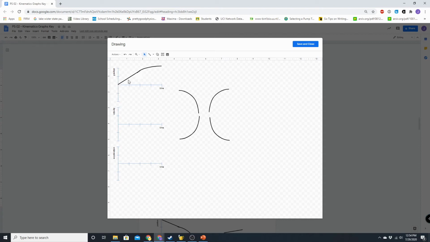The object is moving to the right, but it has a constant slope, so it must be moving at a constant speed in the right direction. And then the slope is beginning to decrease as it continues to move in the right direction. The slope is getting shallower in the right direction.